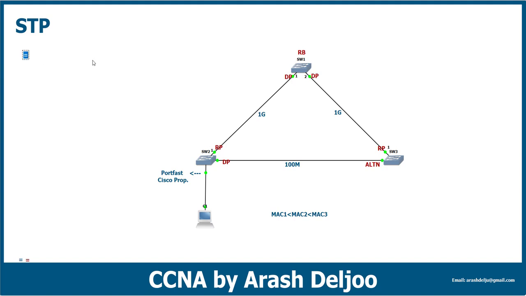You know that in STP we have three different kinds of topology change. The first is direct topology change. Let me write here: direct topology change. The first type is the direct topology change.